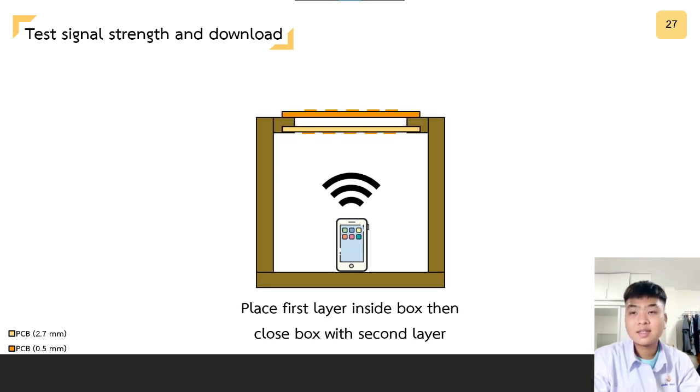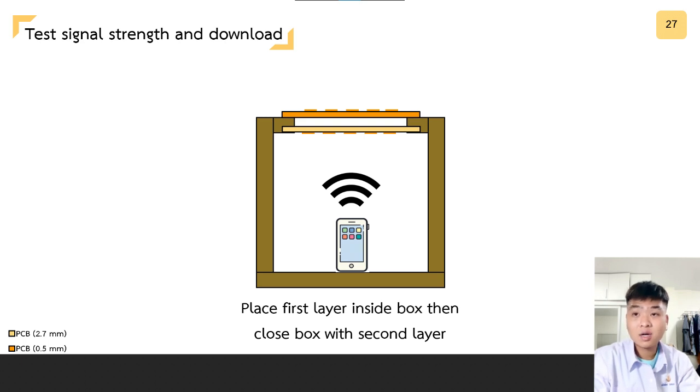Third, testing with the frequency selective surface as absorbing material. A PCB with a rectangular frame of 2.7 mm in width facing inside the simulation box is placed on the box hole. Then another PCB with a rectangular frame of 0.5 mm in width facing outward is placed on top of the previous PCB.